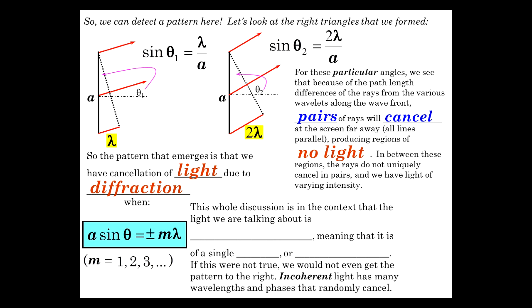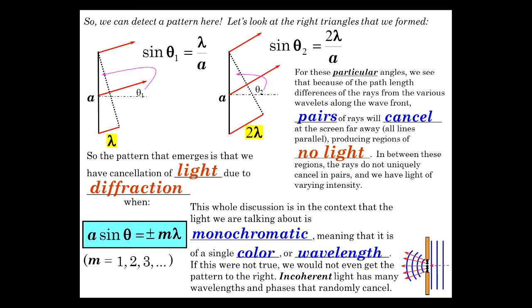So the other thing to keep in mind in this whole discussion, this light that we're talking about, like if we produce water waves, we have a particular frequency. It's basically a single frequency, and so light has to have a single frequency for this to make any sense. That's called monochromatic. Chromo, color, single color. It's a single color or a single wavelength.